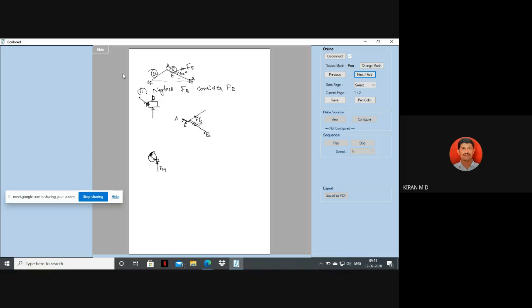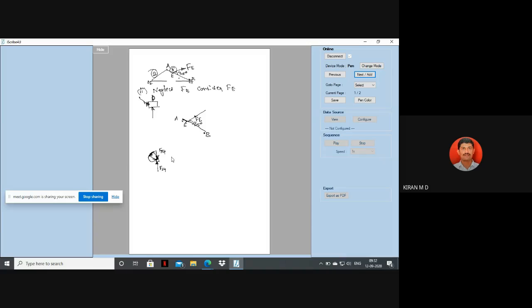If a normal reaction is there, there should be an opposite force, right? That is F34. To achieve the equilibrium condition for the normal reaction force, there should be the opposite force. So this F14 is equal to F34, but we don't know the value now.